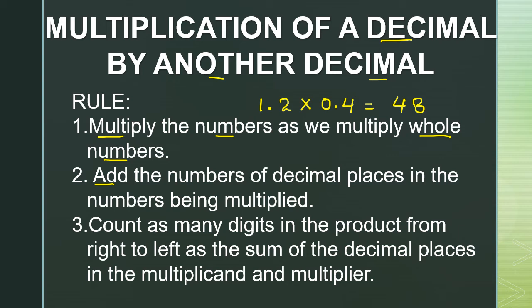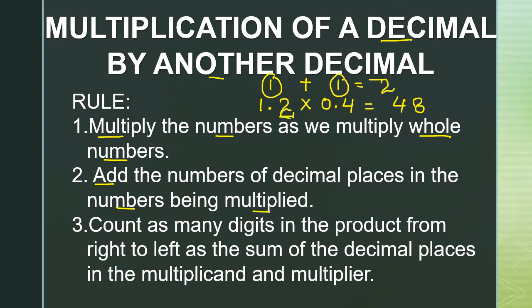Now add the number of decimal places in the numbers being multiplied. Now we have to add the number of decimal places in the multiplicand and multiplier. So you can see one place of decimal is there in the multiplicand and one place of decimal is there in the multiplier. So 1 plus 1 will be equal to 2.